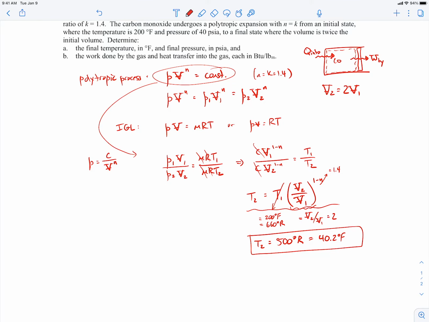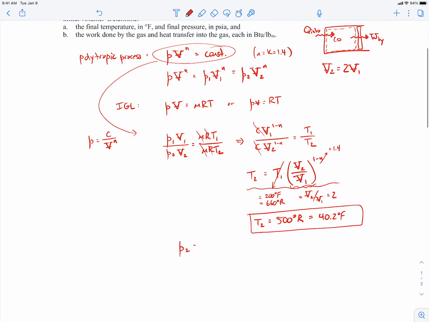So I can just rearrange that and get P2 is equal to P1 times V1 over V2 raised to the n power. All I'm doing is using the polytropic process expression again, rearranging it down here, making use of the fact that V2 is equal to twice V1. That's just given in the problem statement.